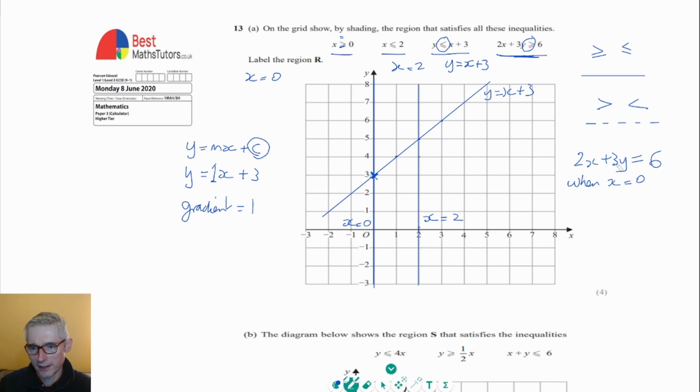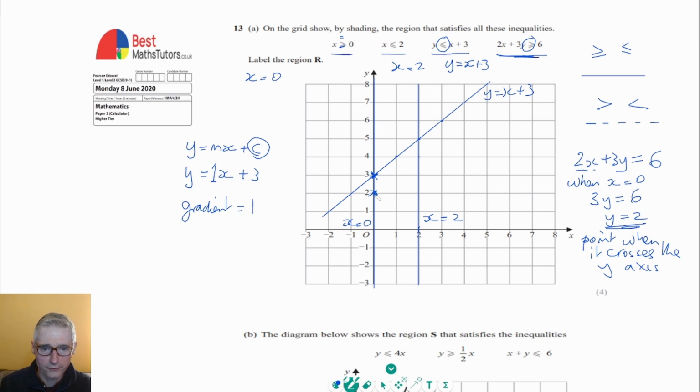Then the first part would disappear. We could cover that up and we'll be left with 3y equals 6, and so y would equal 2. This will give us the point where it crosses the y-axis. So I can put that as a cross there.